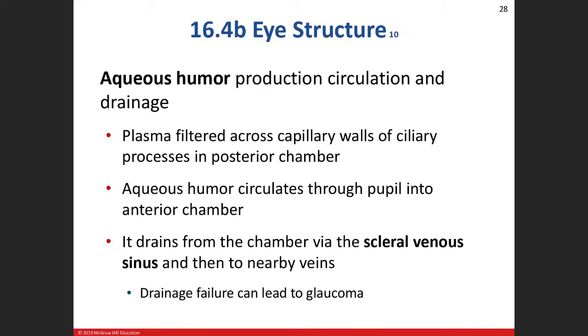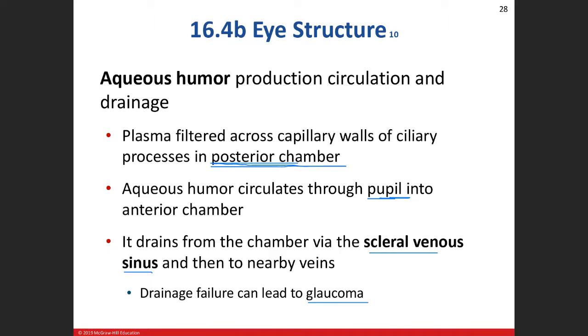All right, aqueous humor production. The aqueous humor starts off being produced in the posterior chamber. It'll circulate into the anterior chamber through the pupil, and then it'll drain out of the anterior chamber through the scleral venous sinus. Its inability to do that causes that condition called glaucoma.